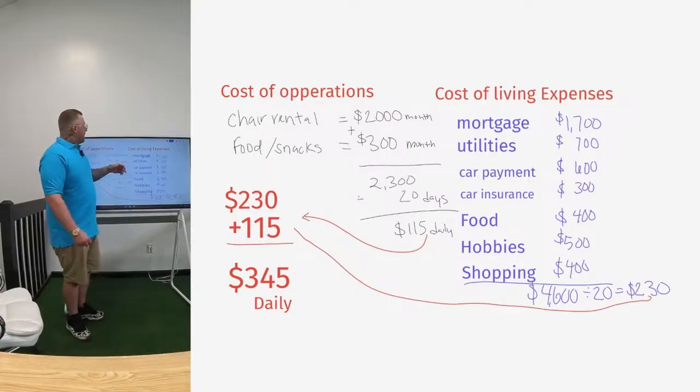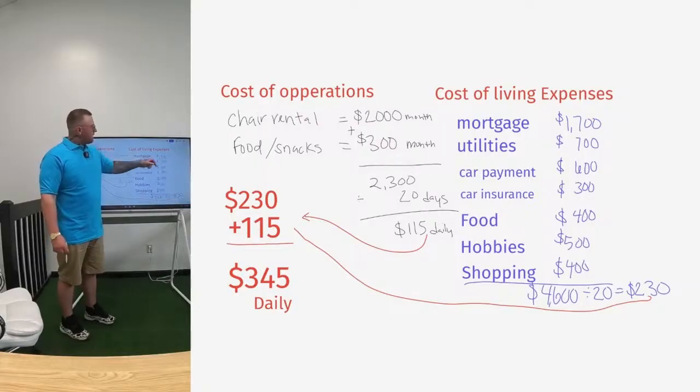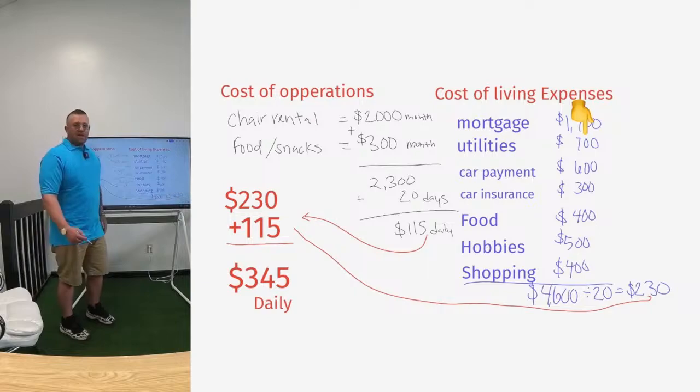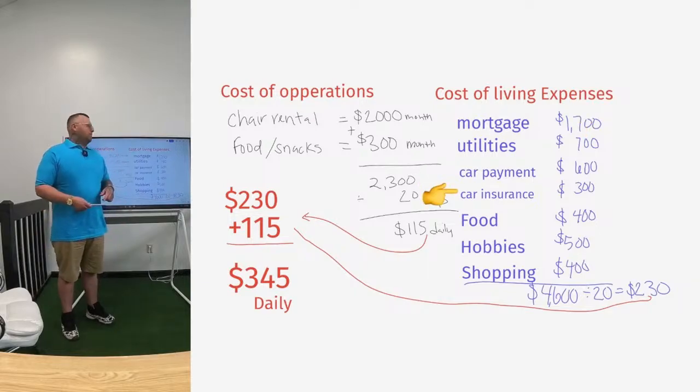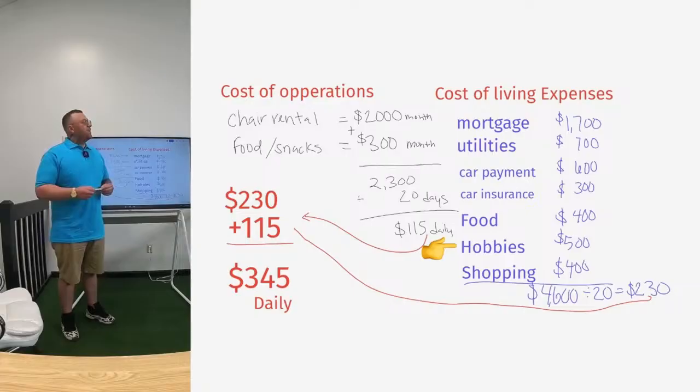So let's start off. Mortgage, and this is, again, monthly. So mortgage, $1,700. Utilities, $700. I'm not gonna list off all of these, but we have car payment, car insurance, food, hobbies. Hobbies are, let's say, gym membership, Netflix subscriptions, maybe going to the casino, just different things that we all have.